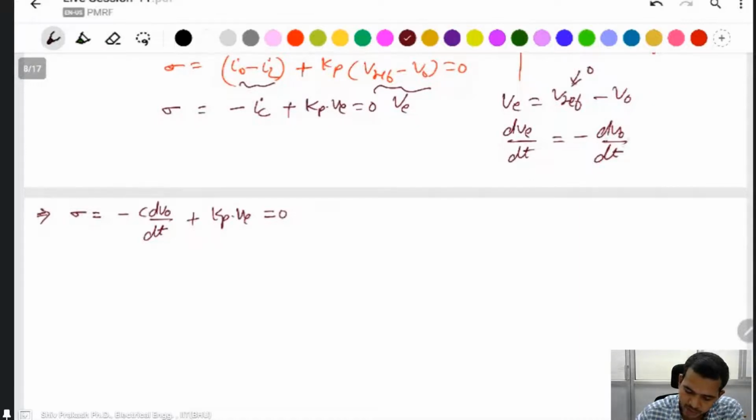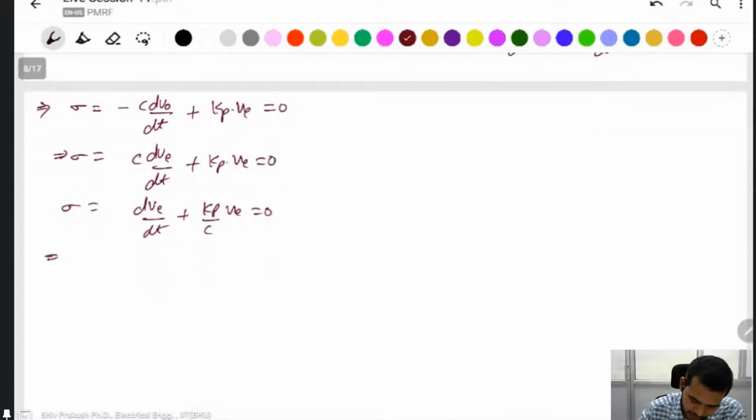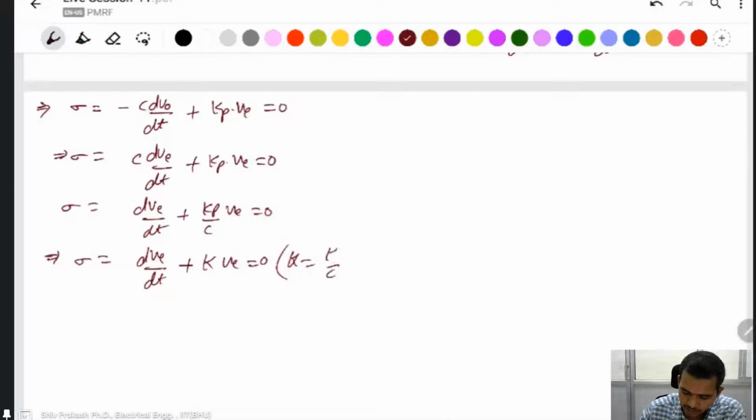Then you can replace V naught by VE itself, it means C dVE divided by dt, Kp into VE. Take C common here, and take this as Kp by C, another constant.